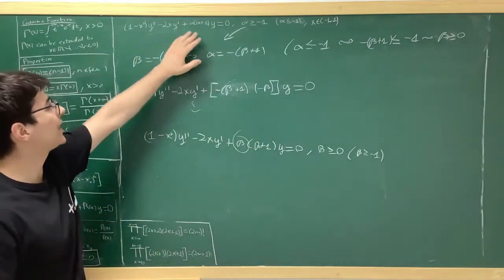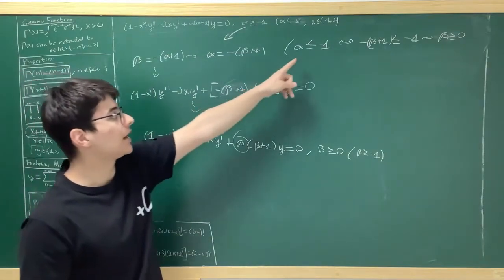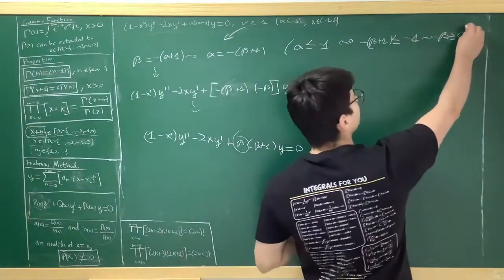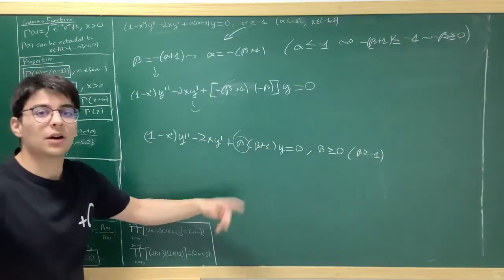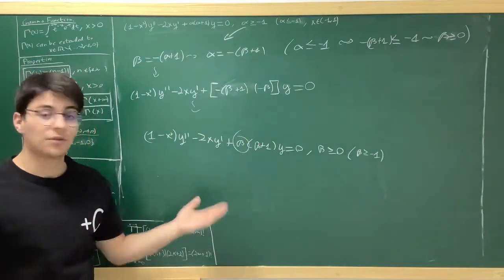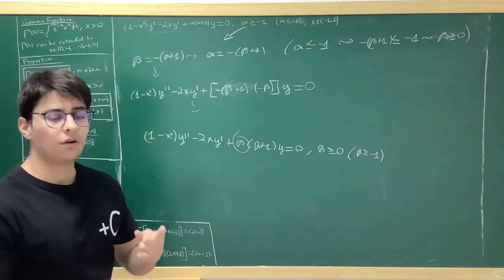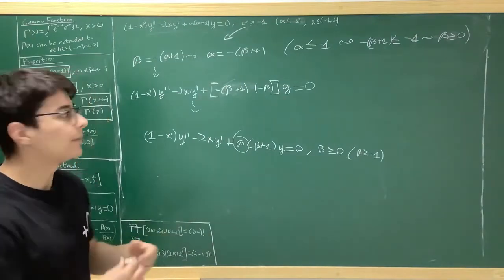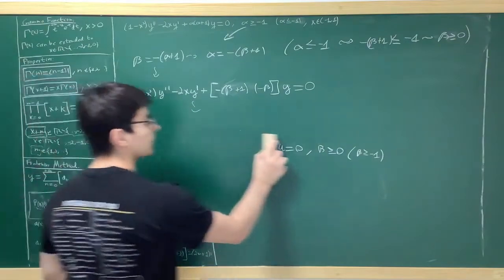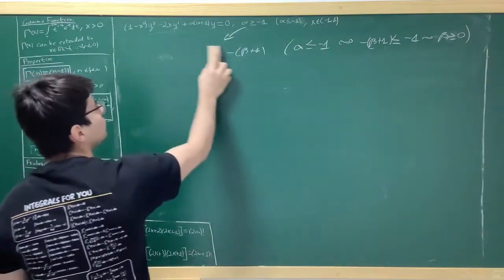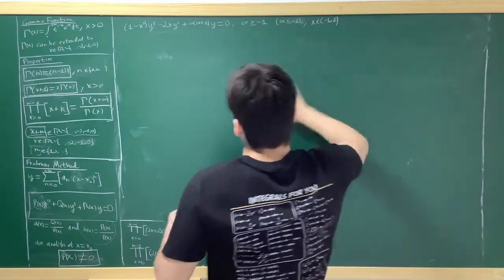So all we have to do is find this solution, and to find the solution in this case for alpha less or equal than -1, all we have to do is get the solution from here, put it here, and change our alpha for beta. And we would be done. So we will have our solutions for all of alpha belonging to real numbers. So that's how you can extend it to alpha belonging to real numbers.